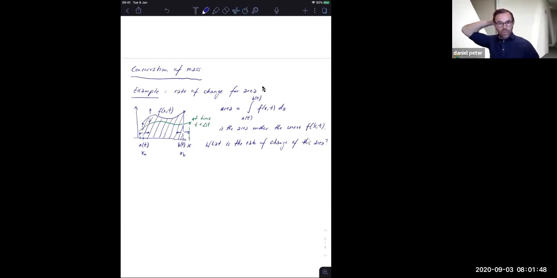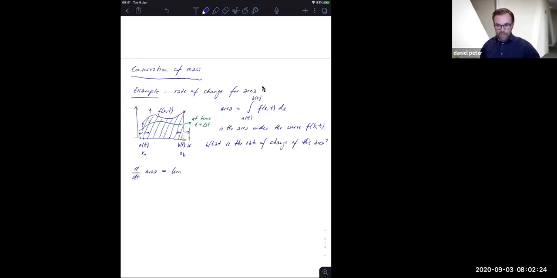In principle, a very simple question now. So let's try and develop that a bit. What do we mean by rate of change? It's basically the time derivative of the area, so it's d/dt of that area. That's the rate of change of the area. So how is the derivative computed?